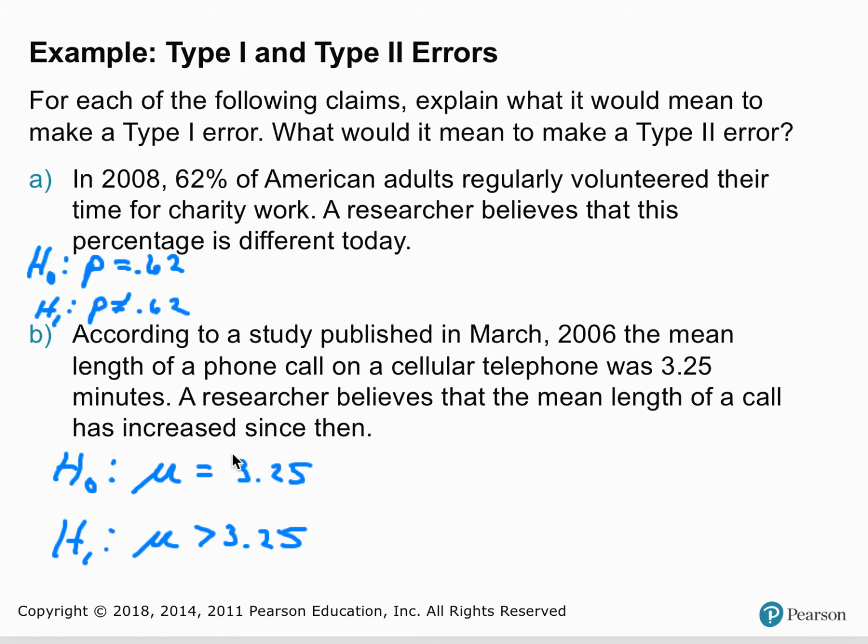He either does not reject the null hypothesis or he does reject the null hypothesis, right? So type 1 error is when he rejects the null hypothesis and he should not have. A type 2 error is when he does not reject it and he should have.